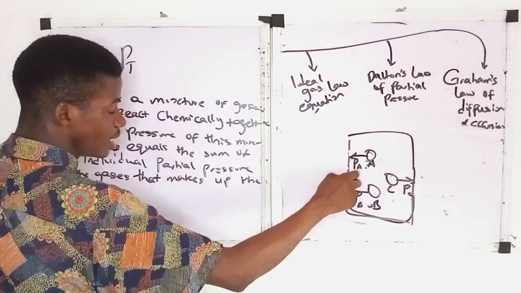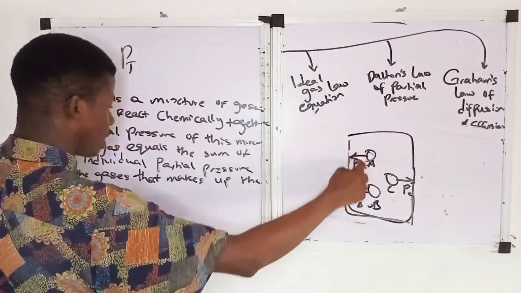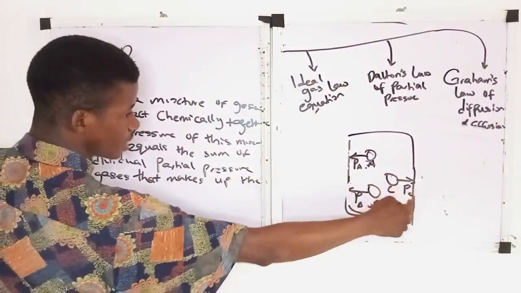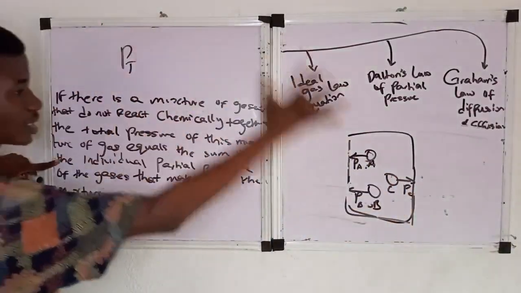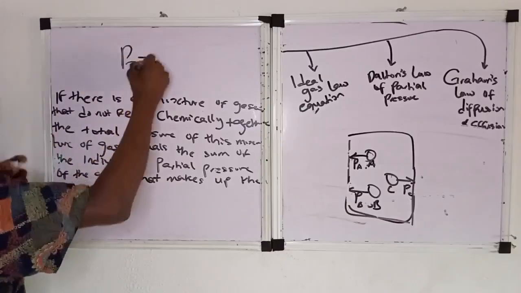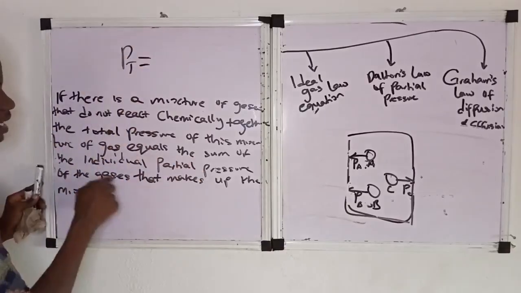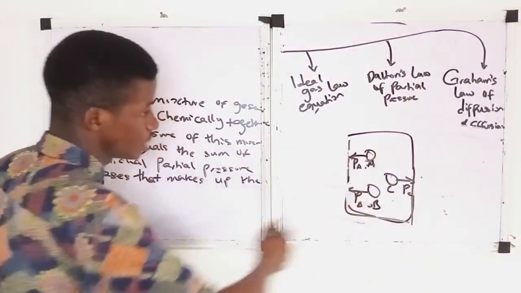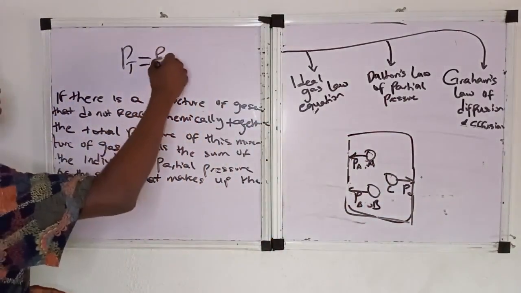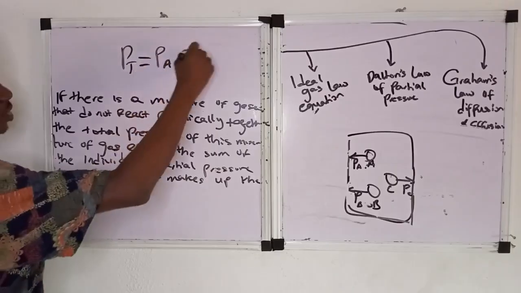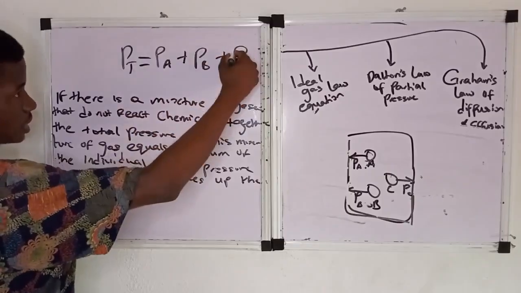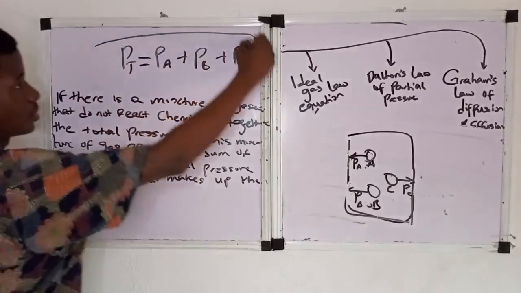This is the partial pressure of gas A, this is the partial pressure of gas B, and this is the partial pressure of gas C. So the total pressure in this whole container will be the sum of the partial pressures of gas A, gas B, and gas C. So that is the total pressure in the mixture.